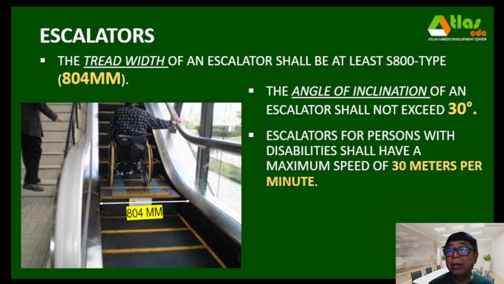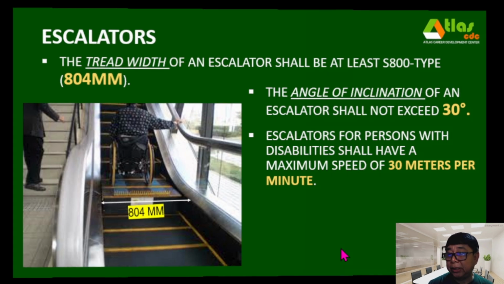Now we go to the requirements for escalators. The tread width of an escalator shall be at least the S800 type or 804 mm width. The angle of inclination of an escalator shall not exceed 30 degrees. The escalators for persons with disabilities shall have a maximum speed of 30 meters per minute.